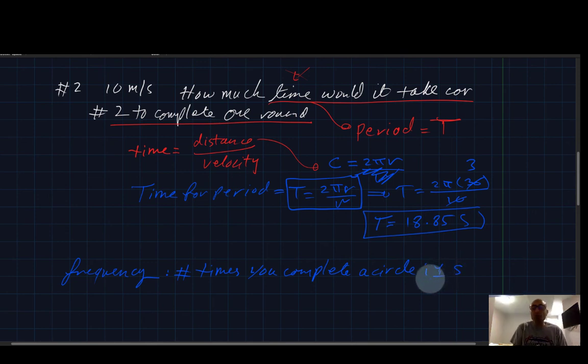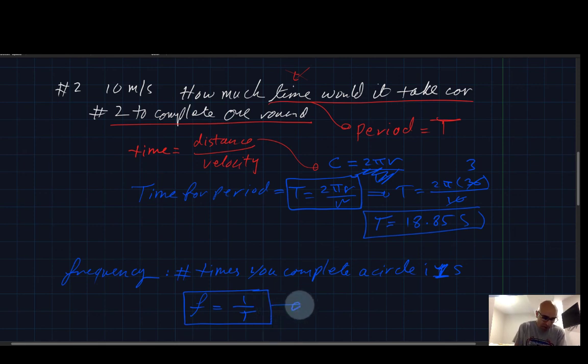Number of times you complete a circle in 1 second. Okay? In 1 second. Well, as a matter of fact, the frequency is defined as 1 over the period. That's another super duper important equation you need to know. The frequency is equal to 1 over the period.